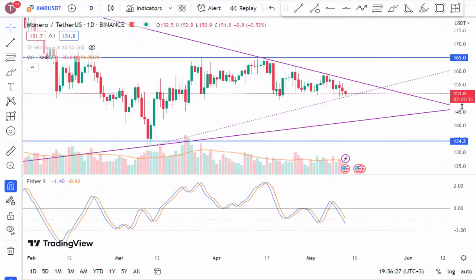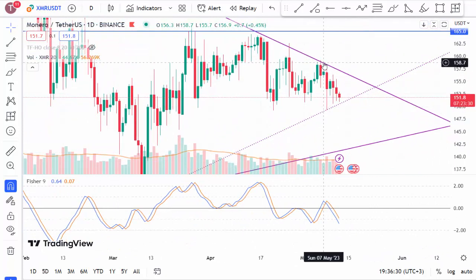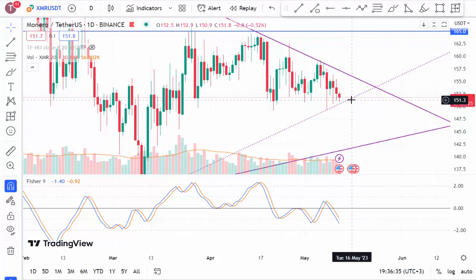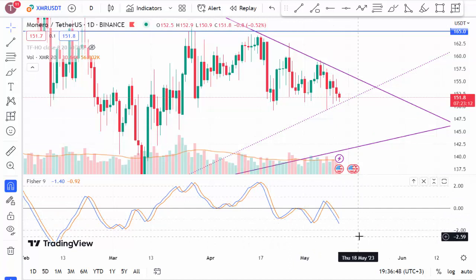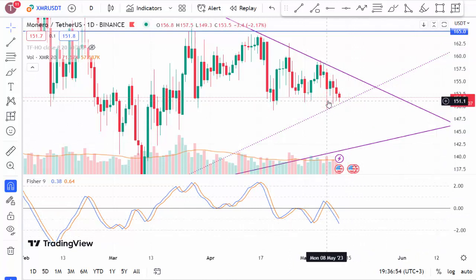If we look at the Fisher indicator, Fisher is giving us a slight sell signal with the downward movement it creates at around 0.64 level, and we can see that the downward trend has already continued in price movements. The price movements have been falling for the past 3 days. If we look at our Fisher interpretation, the further away from zero the break is, the stronger the break will be.